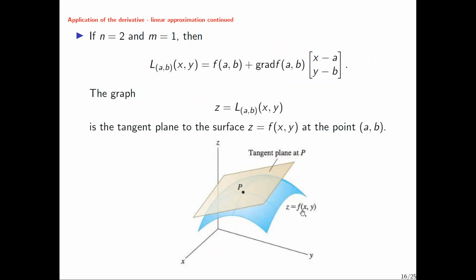So we have here our function f. This blue one is the graph of our function. It's some surface. And then we approximate it linearly, as we explained on the last page, in the point P. And it turns out that what we get is just the tangent plane to this surface in this point.